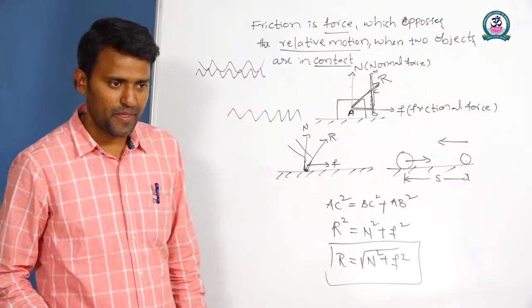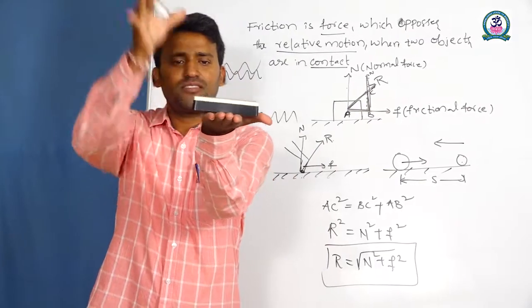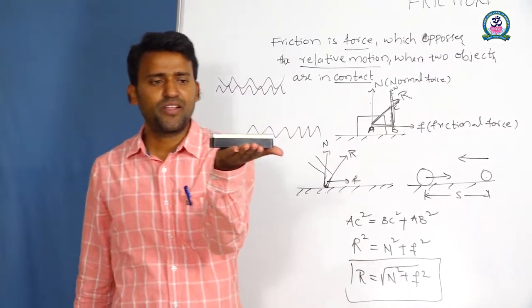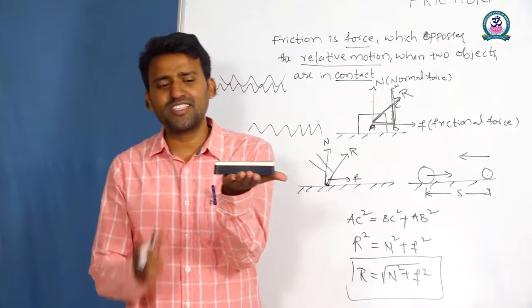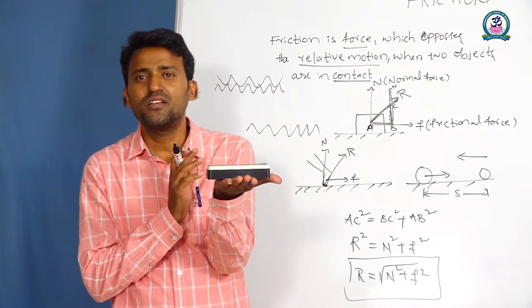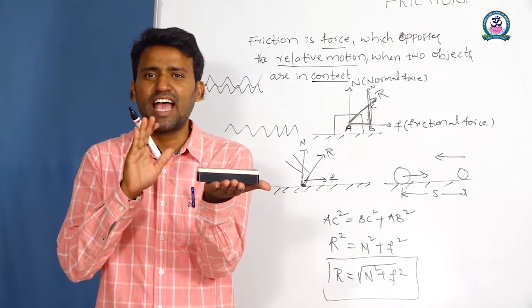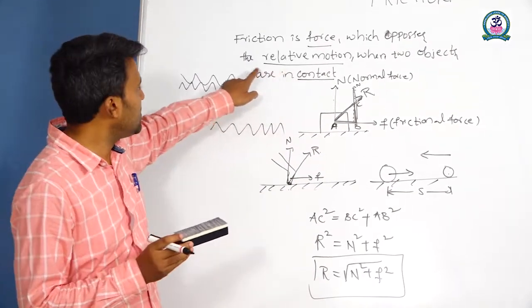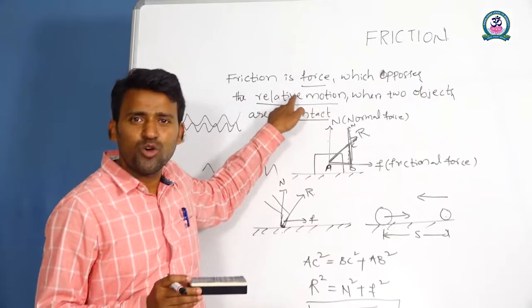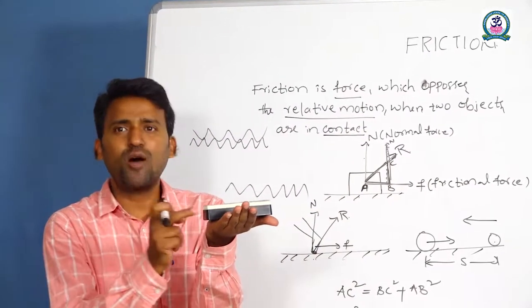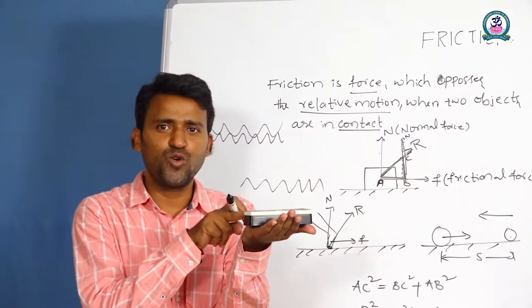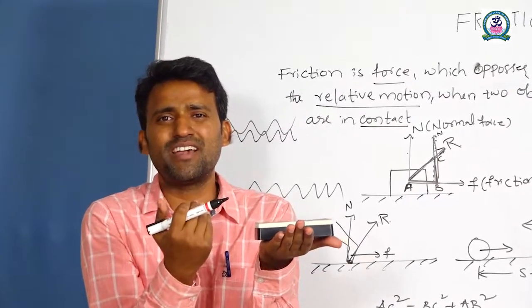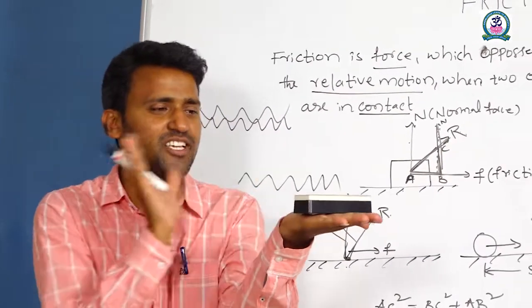For example, if the object is placed in this situation, is there any frictional force acting on the body? There is no frictional force acting on the body, because according to the definition, friction opposes the relative motion, and here there is no opposing force. When I apply some force, an opposing force will exist, but I am not applying any, so it is just at rest.